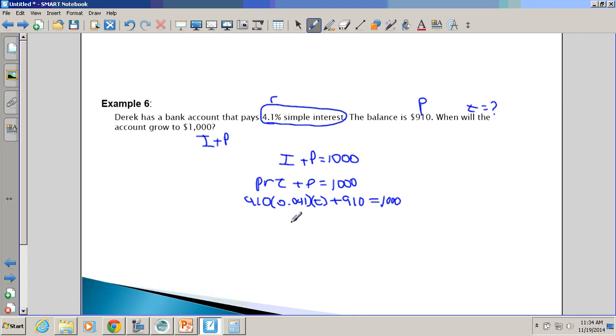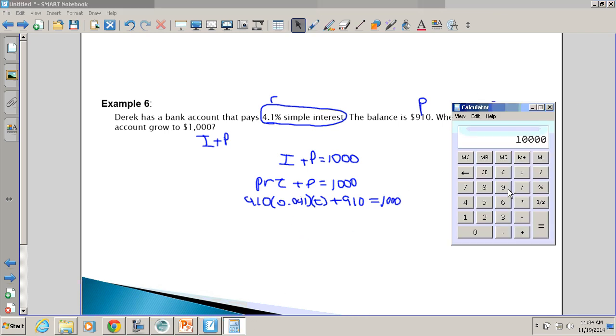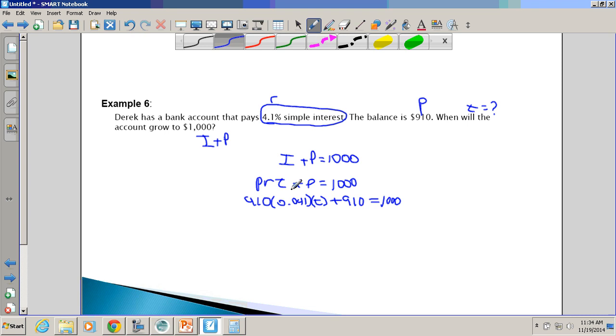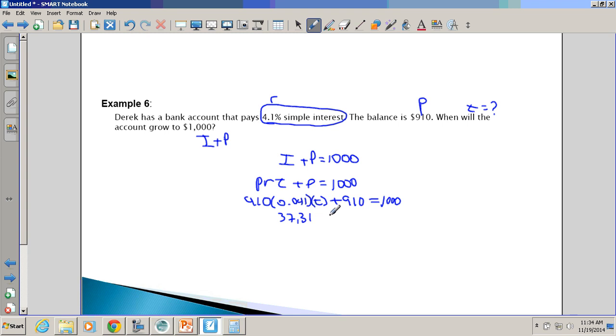Suspense is killing me. All right, so take $910, multiply that by 0.041, and you get 37.31. So 37.31 t plus 910 equals 1,000.